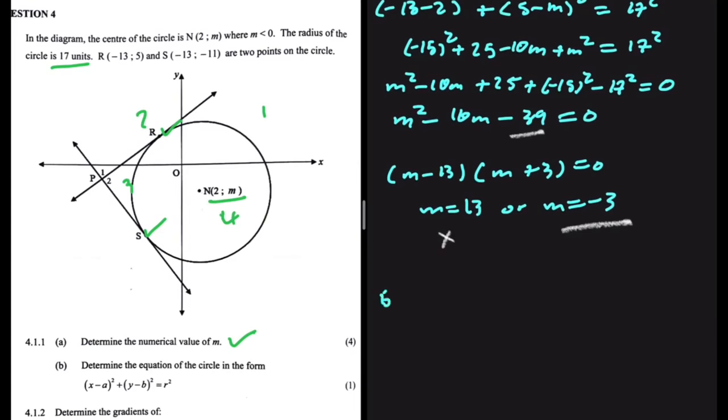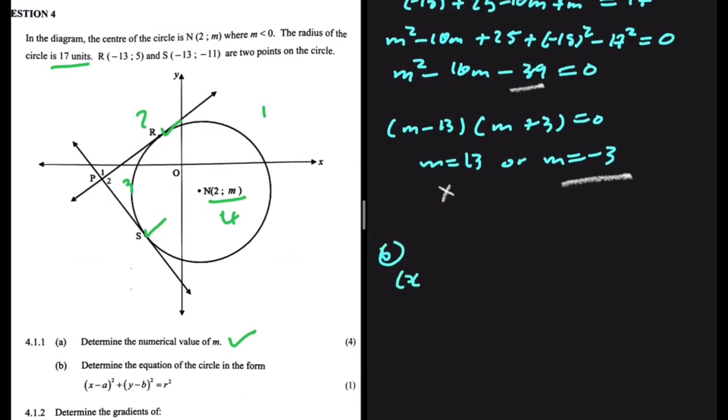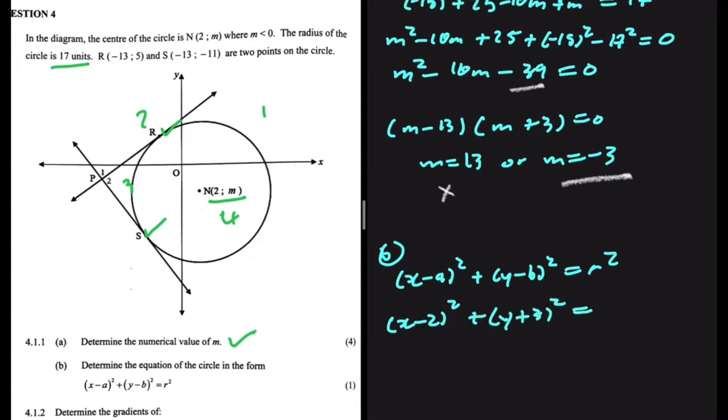The question that follows: we're supposed to determine the equation of the circle in the form (x minus a) squared plus (y minus b) squared is equal to r squared. We have all we need to set up this equation. We're going to have (x minus 2) squared plus (y minus 3), so it is just (y plus 3) squared being equal to r squared.